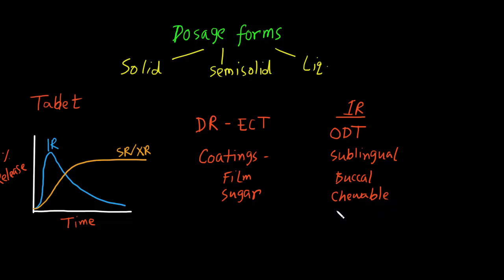And there is also the effervescent tablet, which is at first put into water. The tablet is usually big, and it releases its content after an effervescent reaction. Among the solid dosage forms, the next one is capsules.